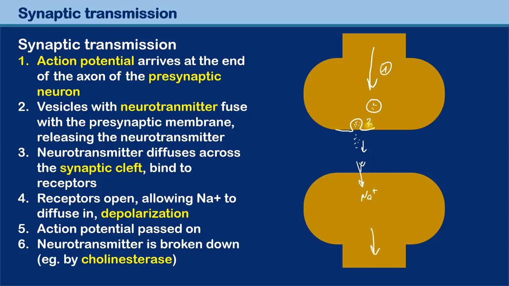So that's number 2, number 3, number 4, number 5. And number 6 is the removal of the neurotransmitter. If you simply remember this sketch very quickly, and in an exam situation you make a proper drawing and explain what's going on over here, you're probably on the safe side. Okay, so that was it.